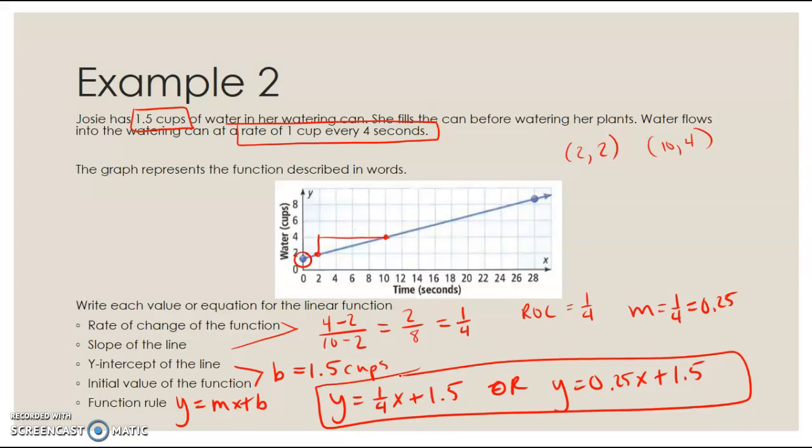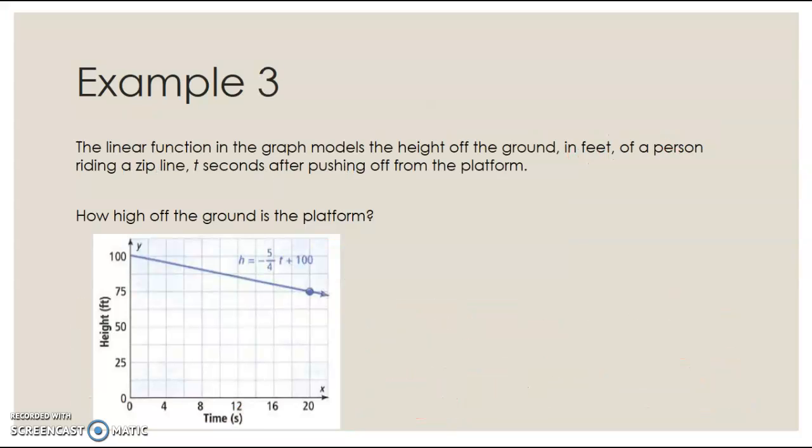All right. Example 3. The linear function in the graph models the height off the ground in feet of a person riding a zip line t seconds after pushing off the platform. We just want to know how high off the ground is the platform. So I can look at this in 2 ways. If it gives me an equation, I can go to the equation and figure it out, or I can look at the graph.